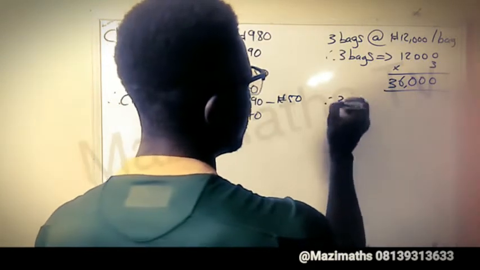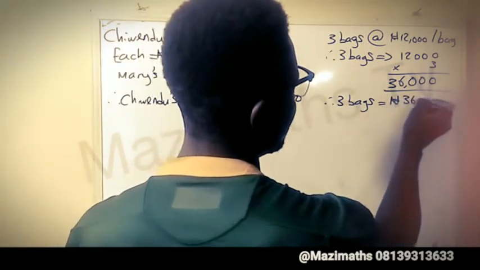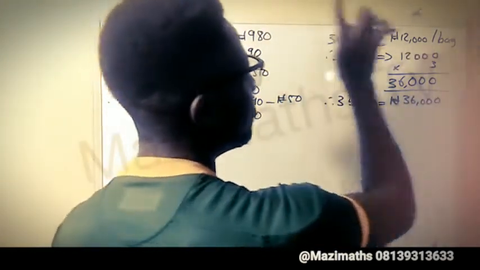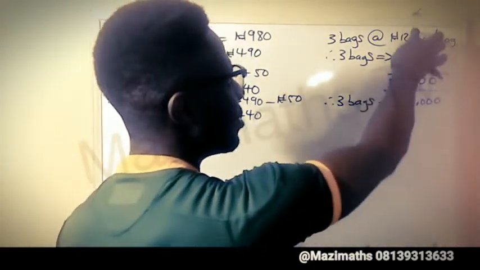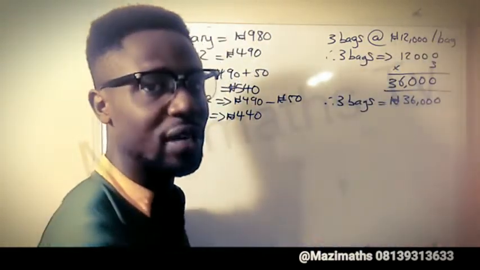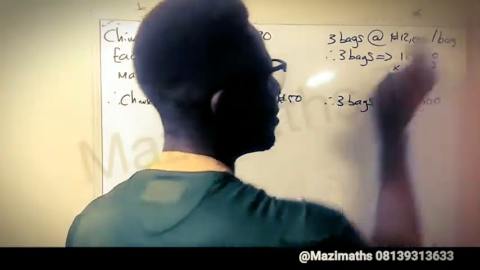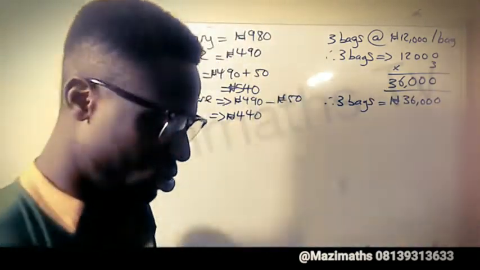So for the 3 bags, Dimeji paid a total sum of 36,000 naira. Because for each bag, he pays 12,000 naira. If it is 2 bags, that is 12,000 plus 12,000, or 12,000 times 2. But since he bought 3 bags, that is 12,000 naira in 3 places, and everything he spent was 36,000 naira. So that is that.